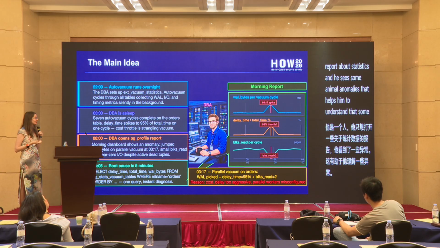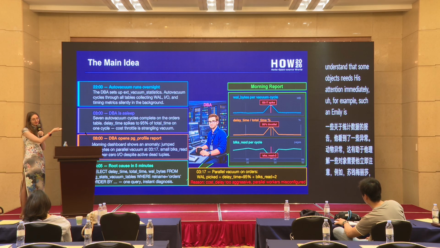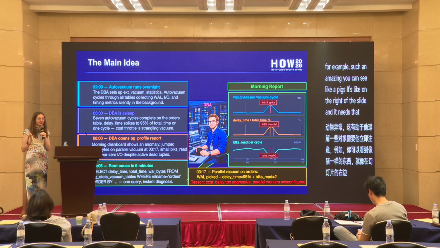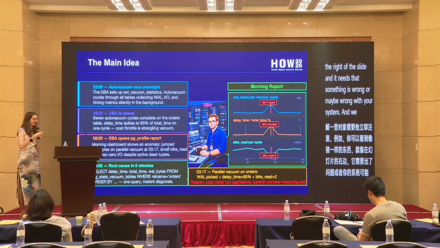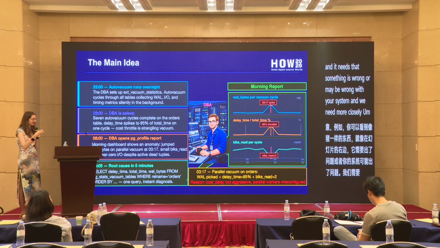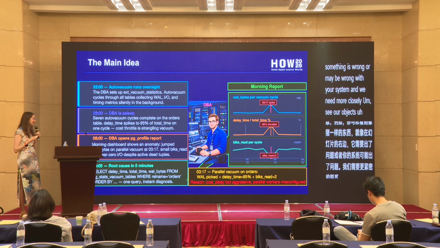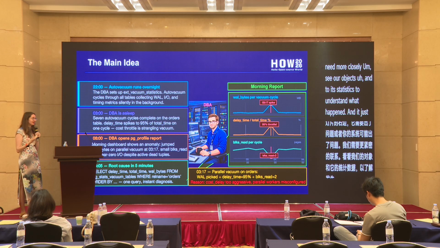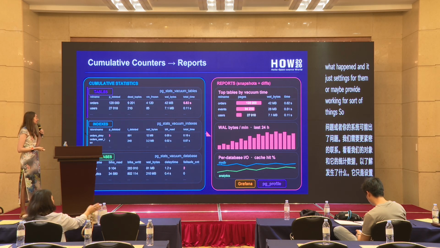For example, you can see such anomalies like pigs on the right of the slide, and it means that something is wrong with your system, and we need to look more closely at our objects and their statistics to understand what happened, and adjust settings for them, or maybe run vacuum for some of them.